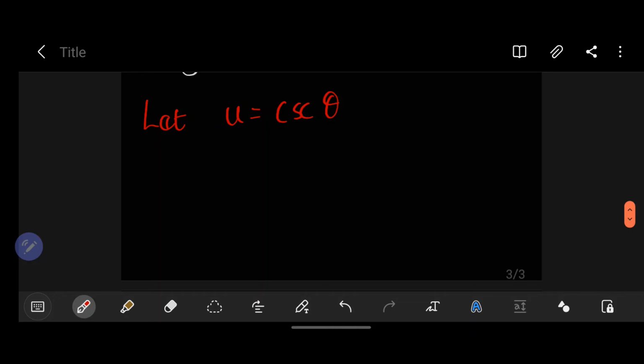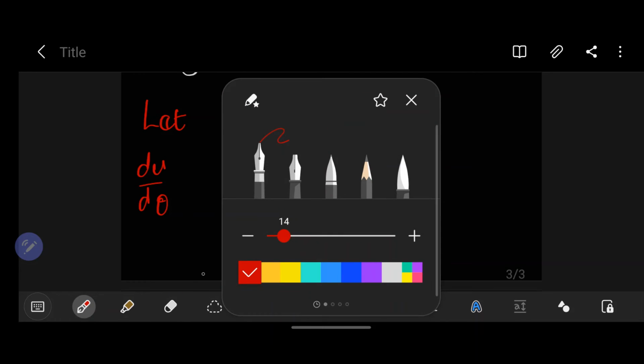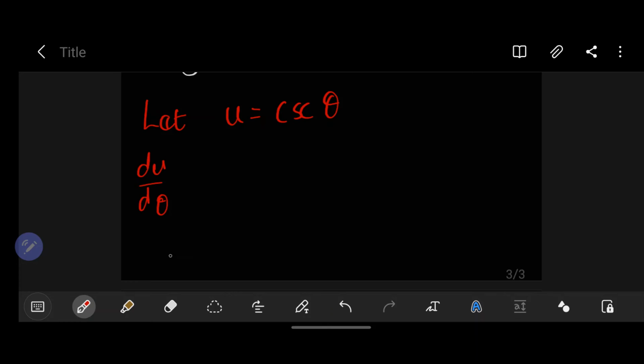In order for me to find it, I have to take the derivative, so you have to take du over d theta of cosec theta. You can memorize some of these trig derivatives. I think there's a table that you can find online of trig derivatives, but if you're failing to memorize it, you can just determine it. So you can calculate it by just taking.